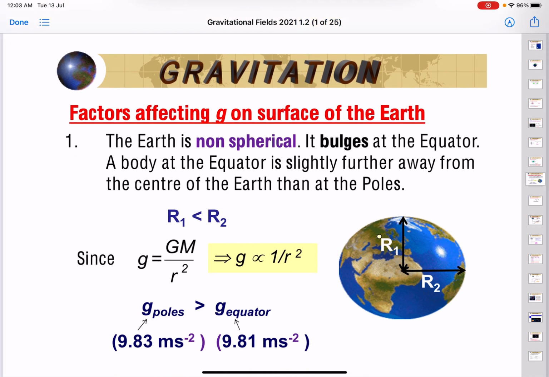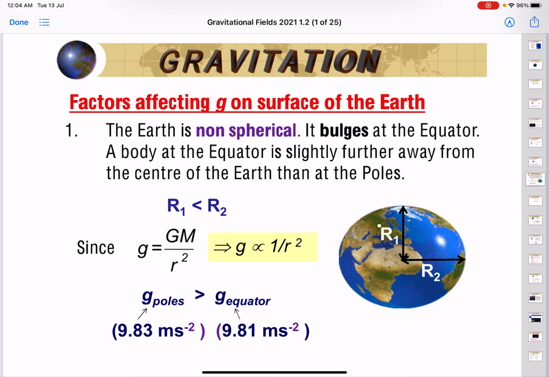So what are the factors that affect g on the surface of the Earth? First is the shape of the Earth. The Earth is non-spherical. It's a good approximation that it is a sphere, but it is not exactly spherical.